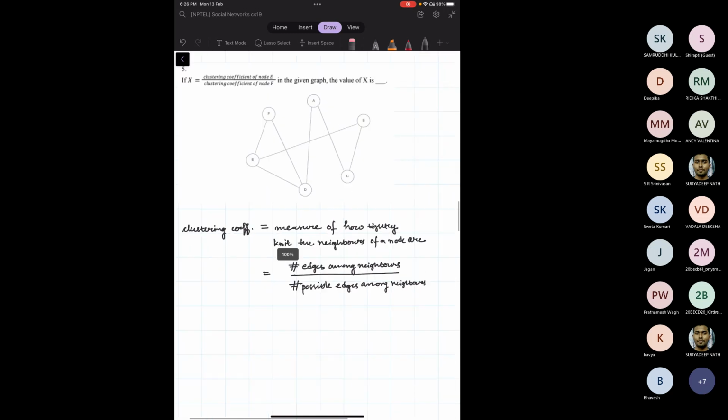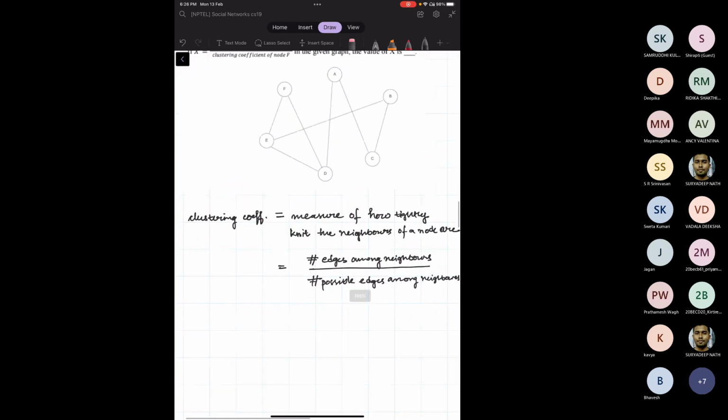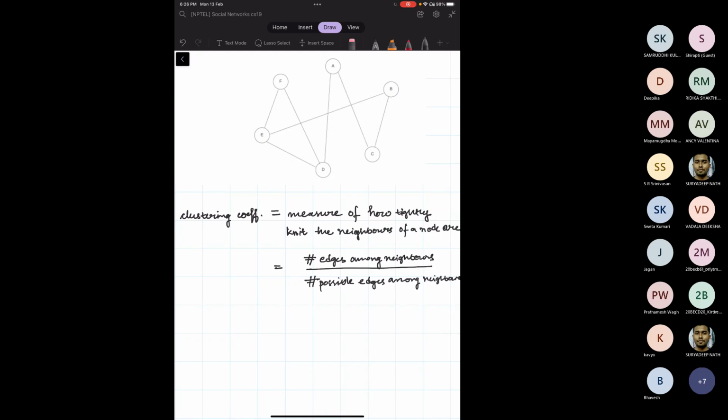So what does it intuitively mean? It intuitively means how well connected your friends are. So in a social network, it basically means how well connected the friend group that you belong to is, or how sparsely connected that group is.